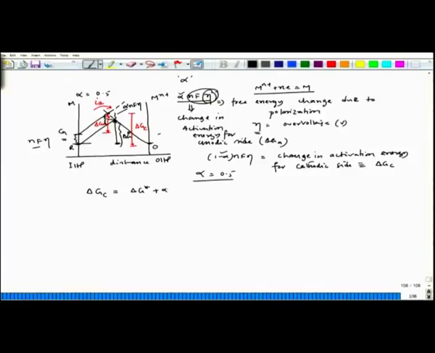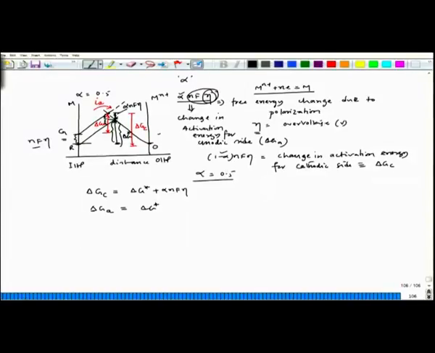So, this becomes αnFη, and this height plus this one is basically constituting ΔG_C, whereas ΔG_A would be equal to ΔG star.